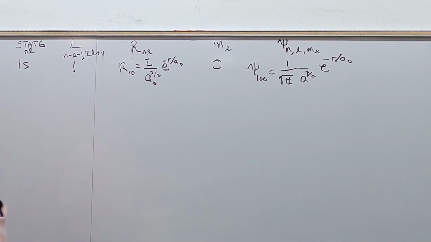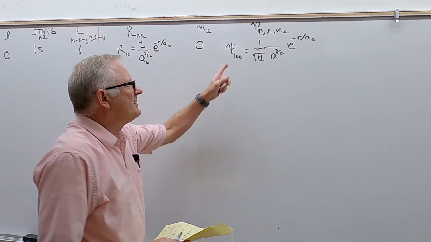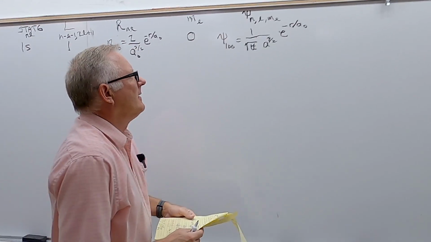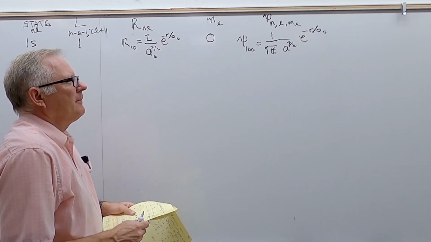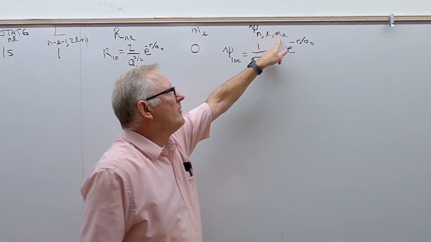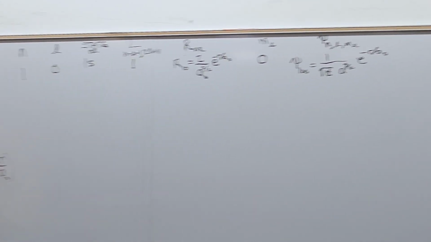So that's the full wave function for the ground state of hydrogen. It's for 1, 0, 0. That's the 1s state, but they don't have a label for the m sub l. Okay, that's not too bad right there.